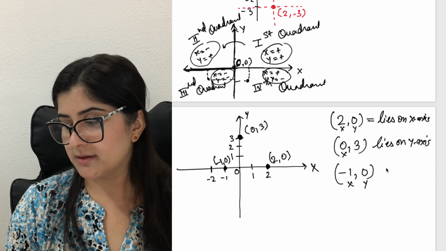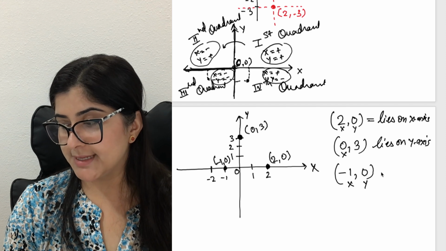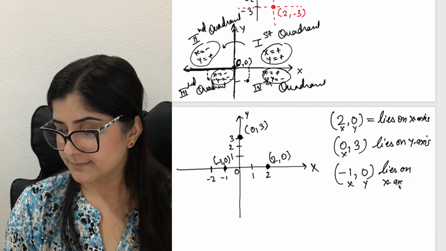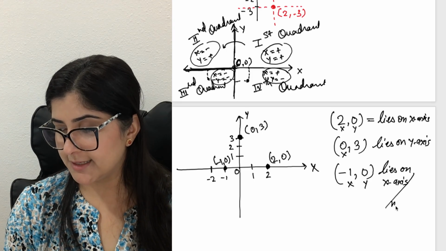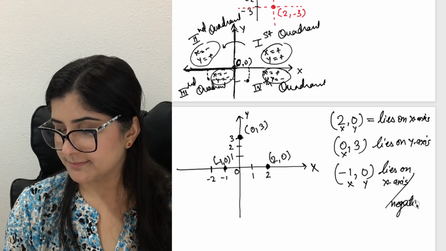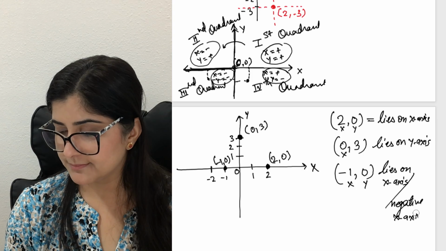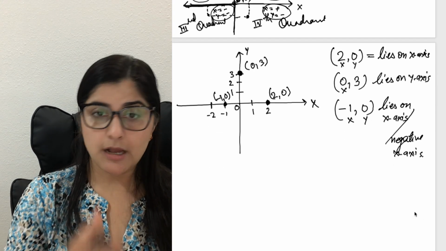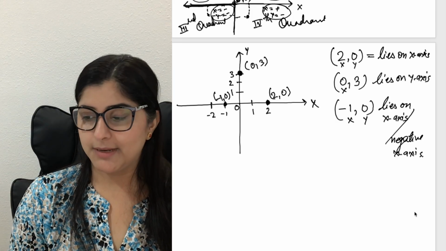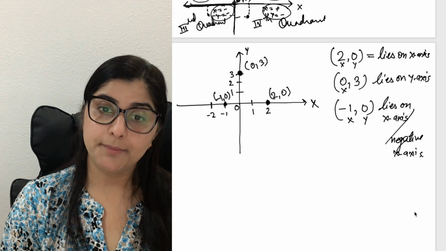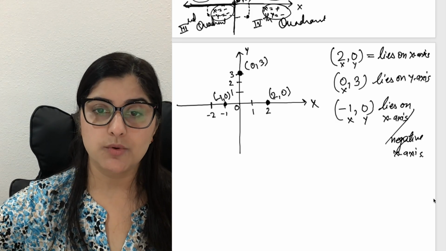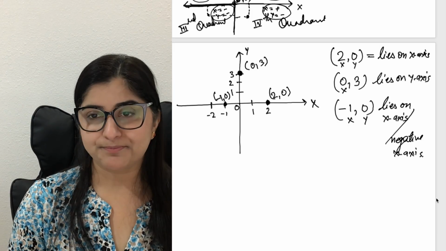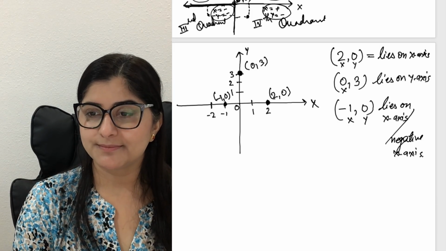This point again lies on the x-axis, or you can say the negative x-axis. So this is how any point in a rectangular plane is an ordered pair. So remember, the first coordinate is the x coordinate and the second coordinate is the y coordinate. Thank you.